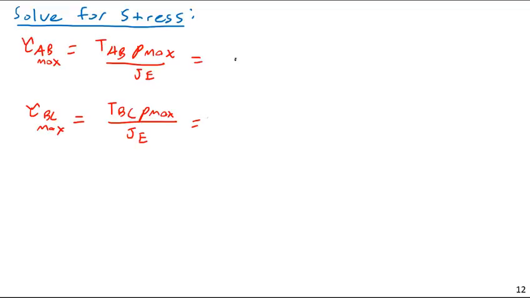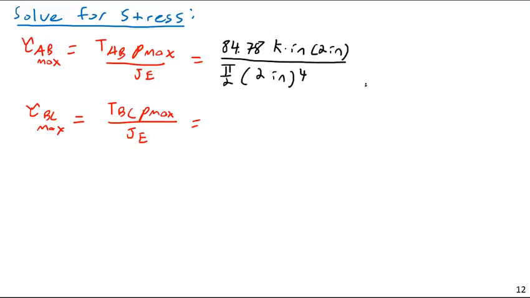And this is going to be equal to 84.78 kip inches times 2 inches over pi over 2 times 2 inches to the 4th power. And this is equal to 6.75 KSI.